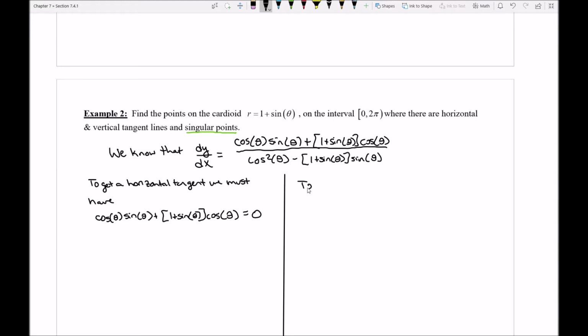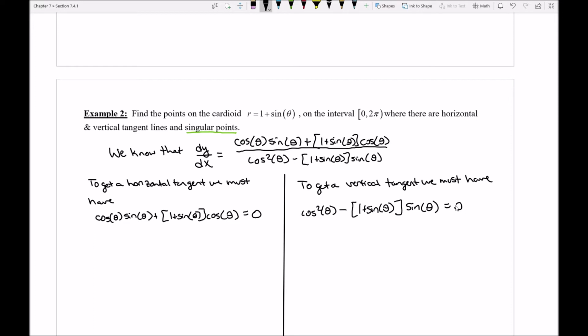Notice on the other side, I can say that to get a vertical tangent, we must have, and I would need my denominator, which is that cosine squared theta, minus that quantity of 1 plus sine theta times the other sine theta.